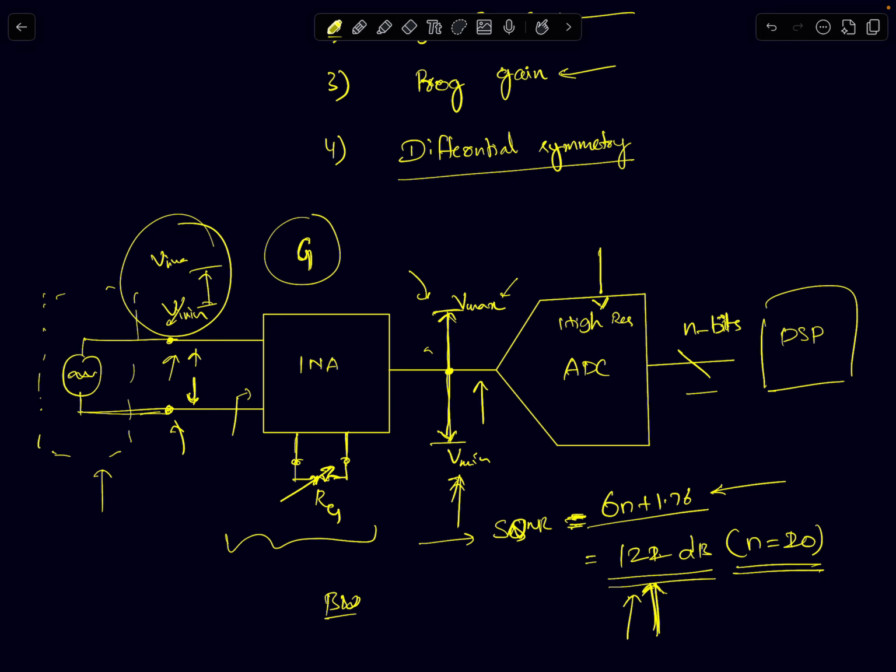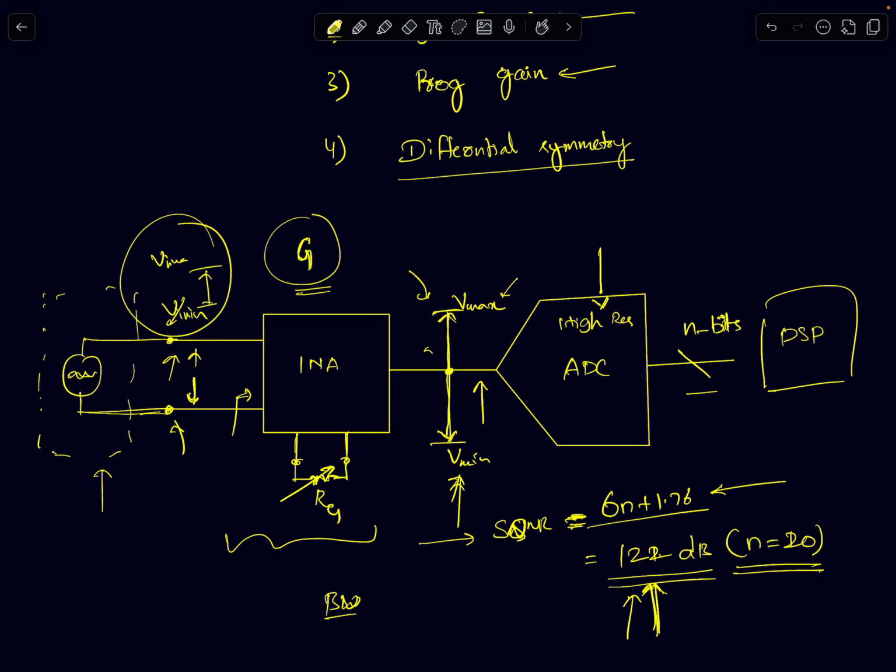If the gain of the instrumentation amplifier is, let's say, in the order of 1000 or more, then these offsets can also get amplified significantly. So in those cases, you will have to pick an instrumentation amplifier where your input offset is really low. So that's where these offsets come into the picture.